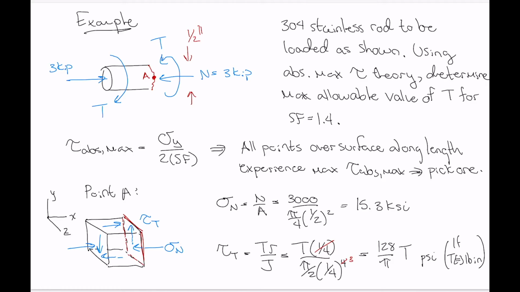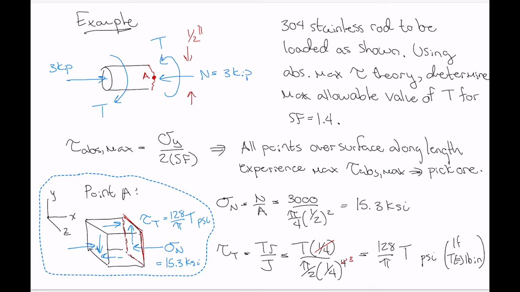Now, before we move to the next page, let's just pop our values of stress over here. So we've got 15.3 ksi, and our shear stress is 128 over pi T, and that's in psi. So let's go ahead and clip that out, and we'll take it with us onto the next page.